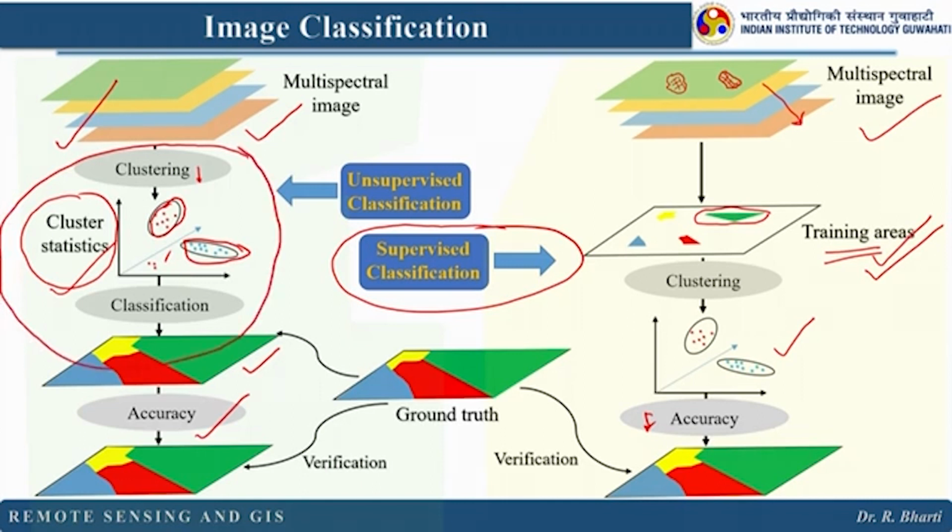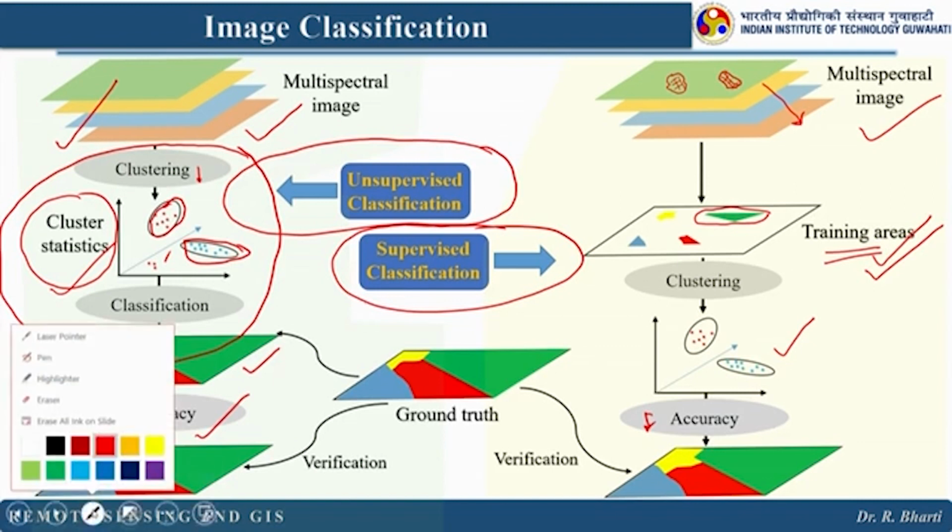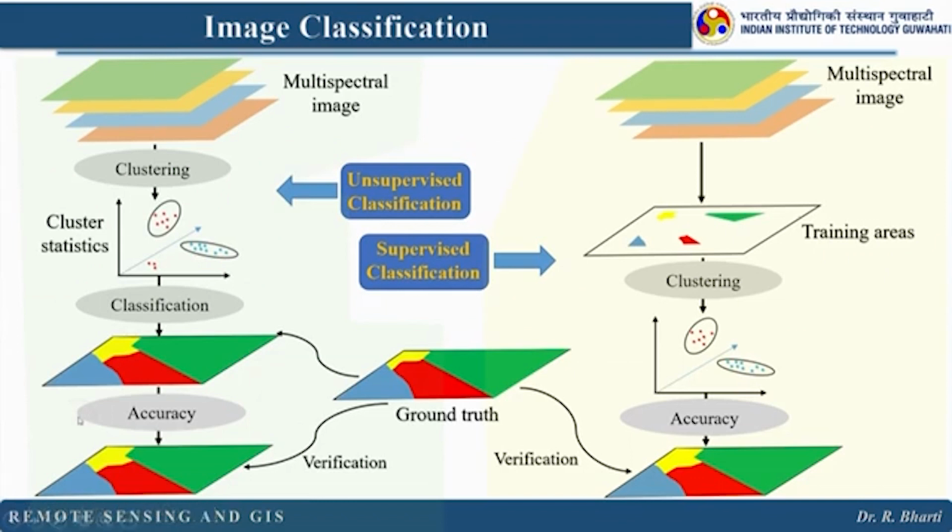Basically, based on the DN values and their variance and covariance, different clusters will be identified. So based on that you will classify. So this is known as unsupervised classification, right. Let us see in detail what exactly these two are separately, right.